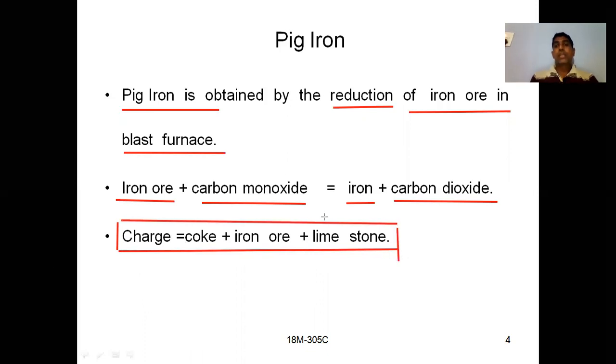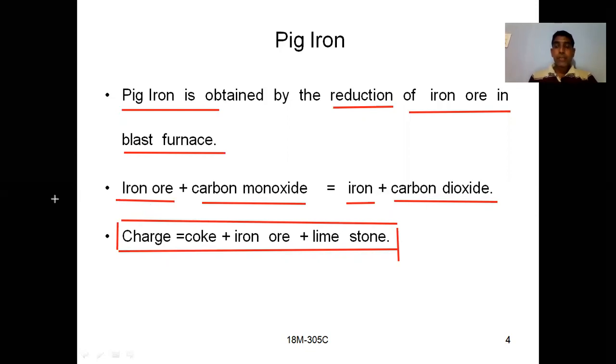The charge is coke, iron ore and limestone. Along with this, we are going to send a blast of air, which has oxygen for the burning of the coke. So mainly coke, iron ore and limestone are the charge for the blast furnace to produce pig iron.